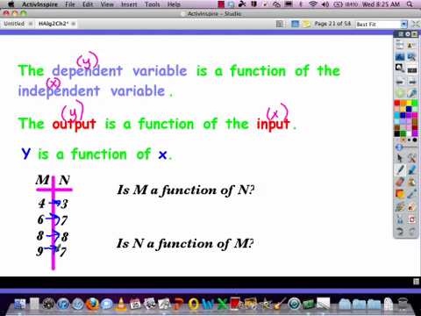Then you should be able to answer the question, is m a function of n? And the other way around, is n a function of m? Based on the three ways we had used up on top. So look at that carefully and see how you would answer that. And of course you should have a reason why or why not you choose your yes or no answer. So again, more that we'll talk about in class, but based on our definitions, you should be able to answer questions similar to that.